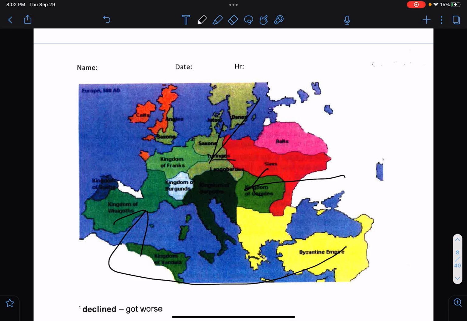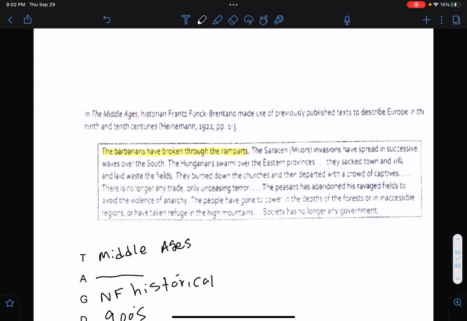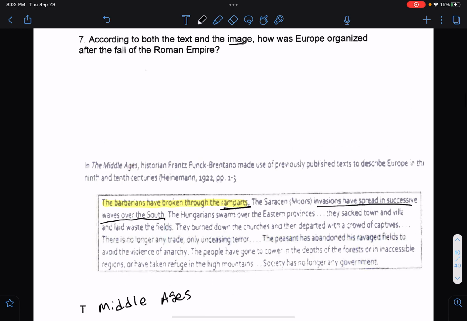So now they're saying the barbarians have attacked us. Here it says the barbarians have broken through the ramparts. Ramparts are like walls on a castle. The Moors, the Saracens, the Muslims, have invaded and spread in successive waves over the south.